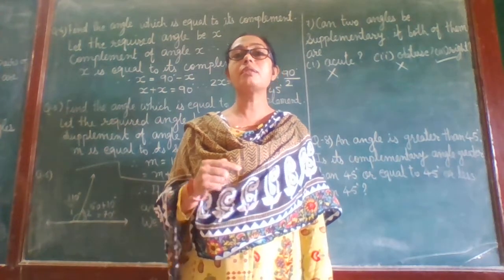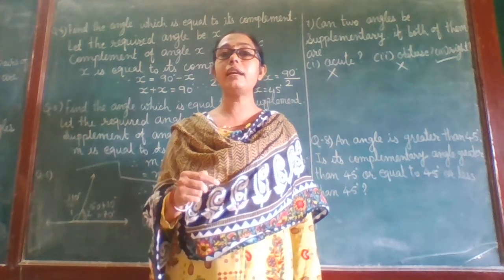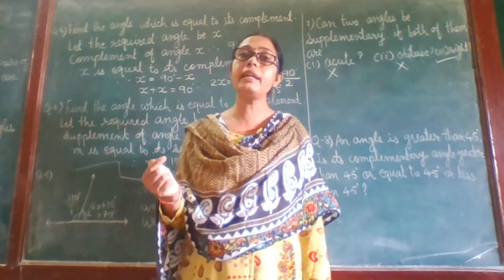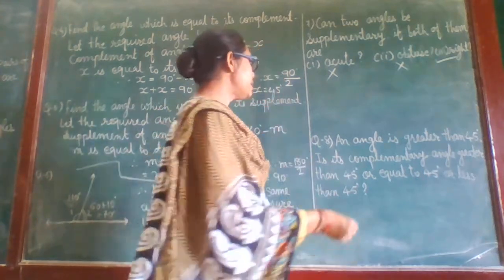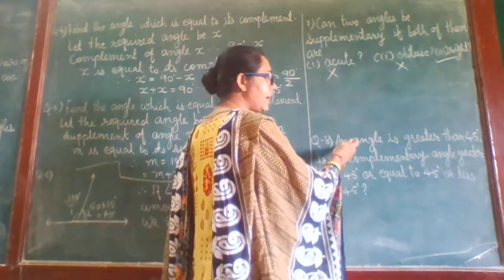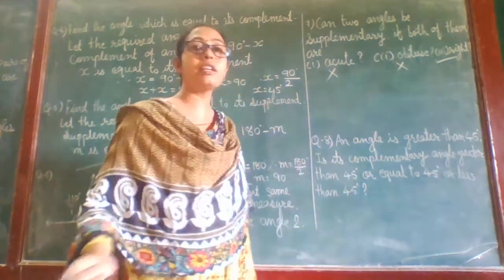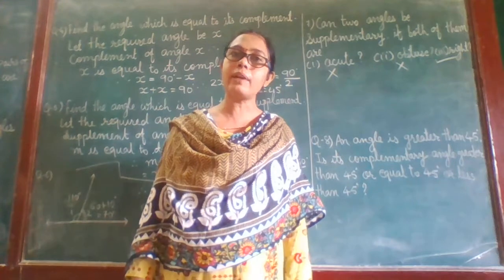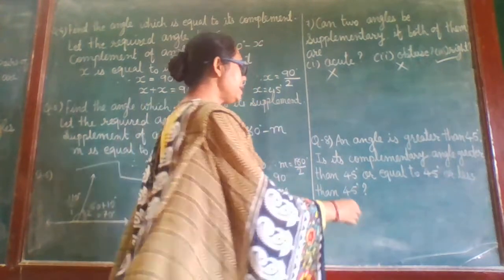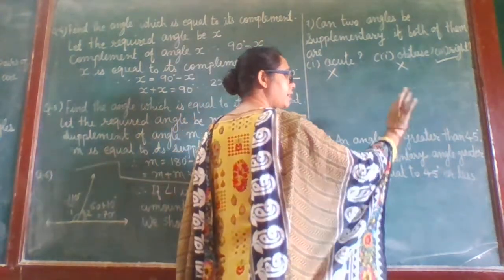So the sum is greater than 90 degree. So we can say that if one angle is greater than 45 degree, its complement is not greater than 45 degree.